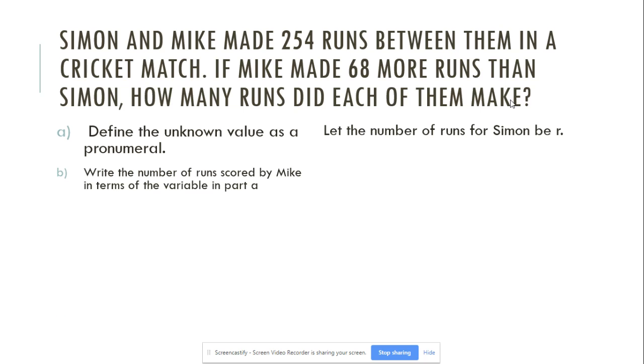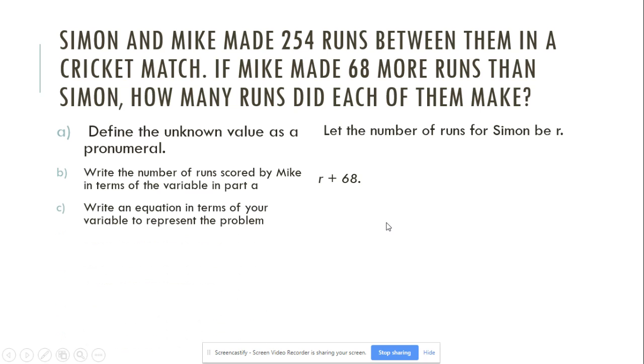Write the number of runs scored by Mike in terms of the variable in part A. So we know Simon, how much did they say? Mike. They said Mike made 68 more runs. Okay, so we said, well, we don't know how many Simon made, so we're going to call his R.